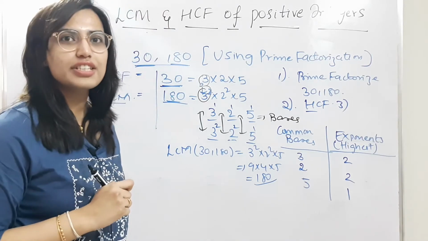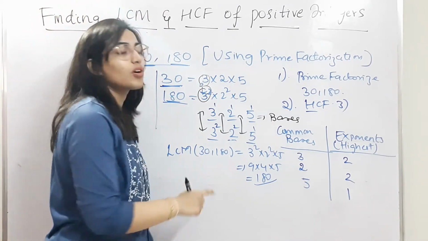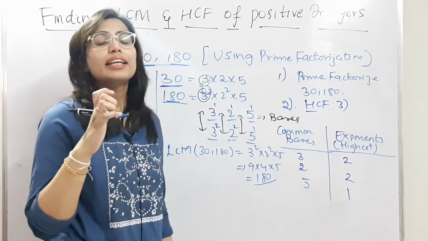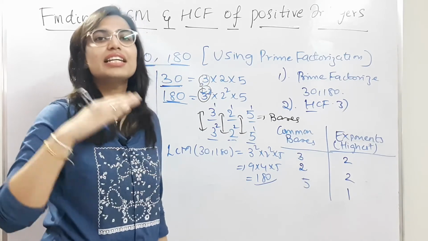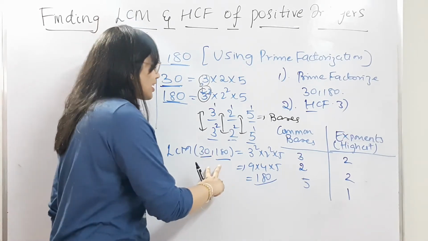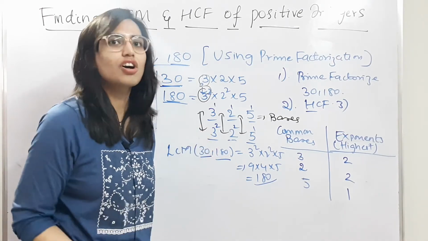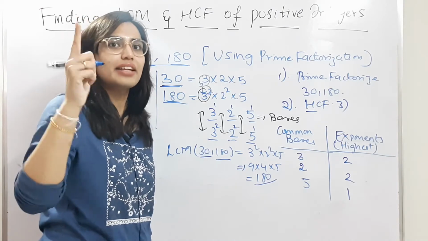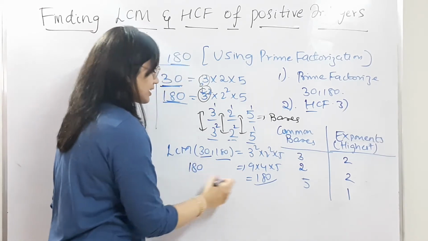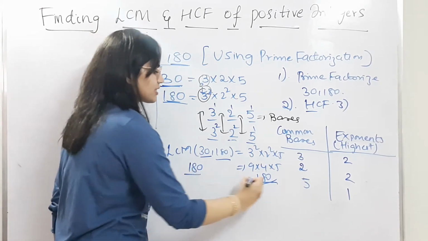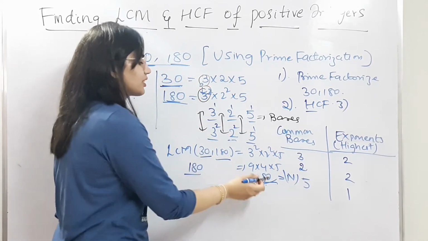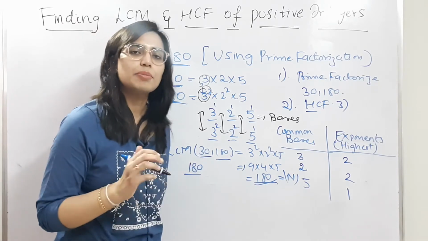What is the definition of LCM? To find the LCM of two numbers, we are ultimately determining the number that can be evenly divisible by these two numbers. That means that number is supposed to be larger than or equal to these two numbers, because that number should be divisible by both. So in that case, LCM here is 180. So this is our n here, suppose. And we need to see whether 180 divided by 30, and 180 divided by 180, leaves remainder 0 or not.